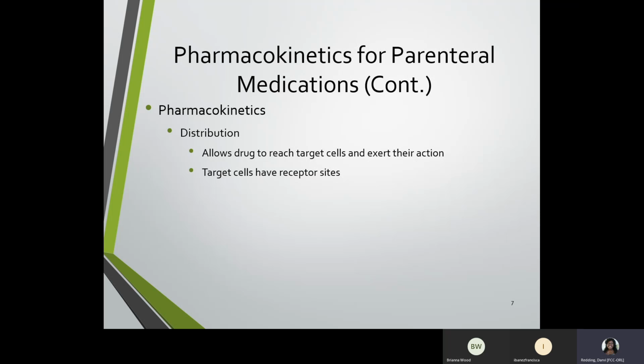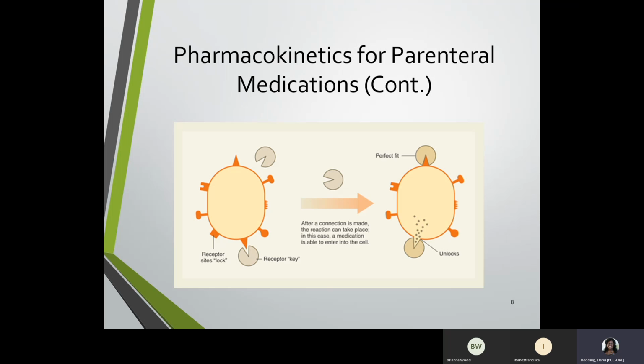So you have the receptor key, and then the receptor site unlocks, and the medication is able to go in and do what it's supposed to do. So now that we've learned about distribution, this is also an example of the receptor site, which has a receptor key, and then you'll see an example of where it unlocks.